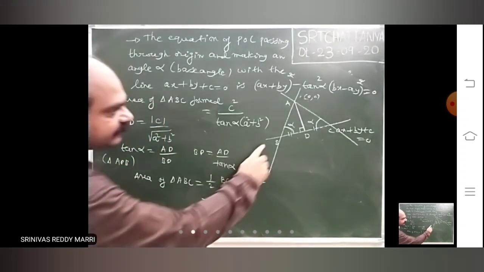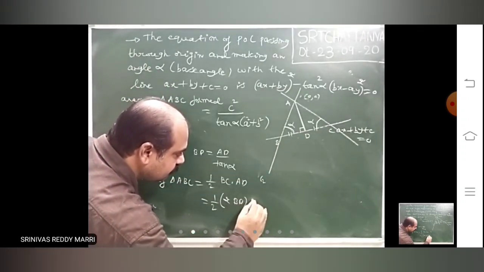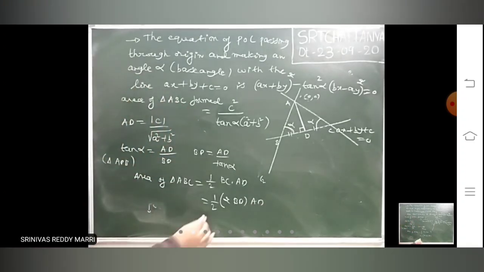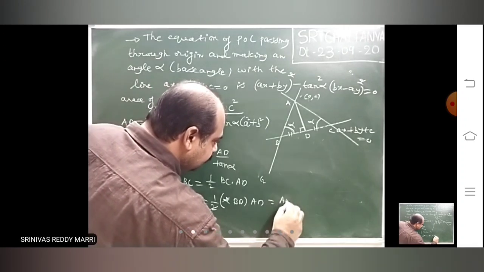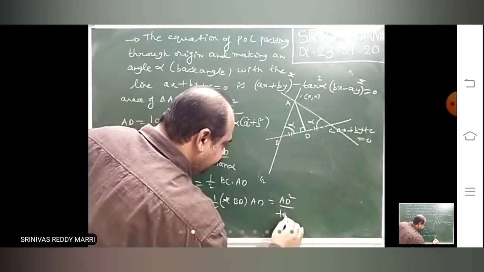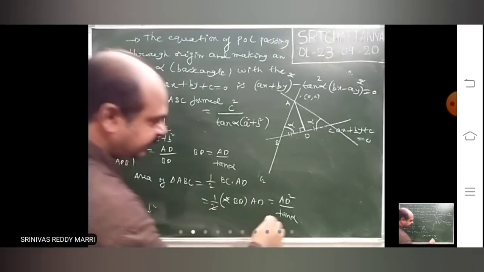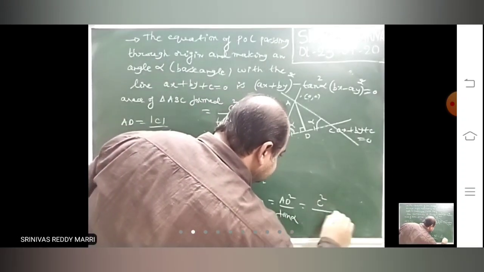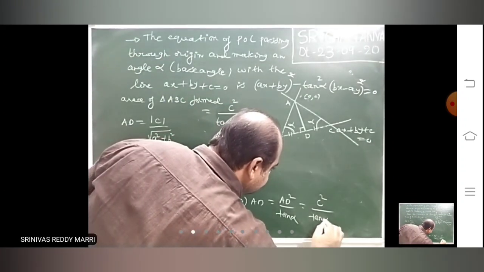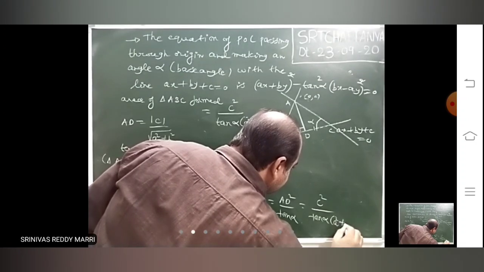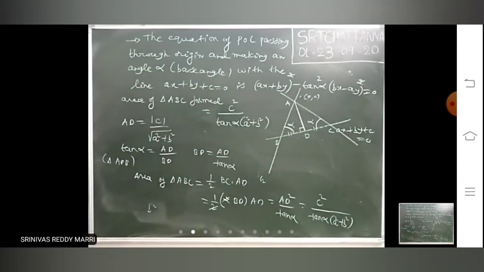BC is twice BD, so the 2 cancels. If you substitute BD, you will get AD square divided by tan alpha. AD square means C square divided by A square plus B square. So the area is C square divided by tan alpha into (A square plus B square). That is the area of the triangle.